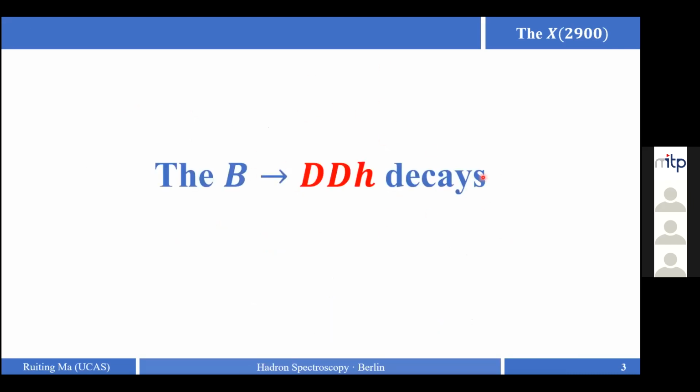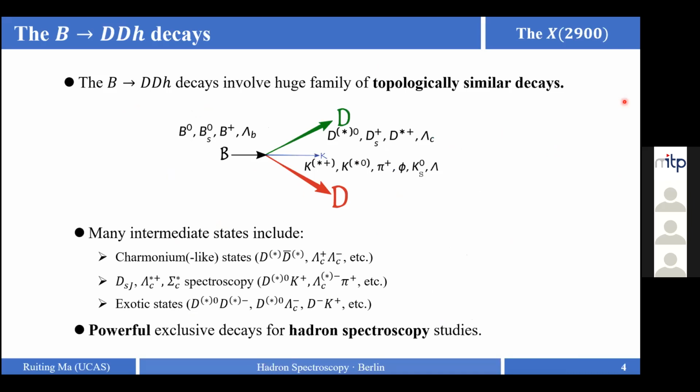So first, the B→DDh decays. We know that the B→DDh decays involve a huge family of topologically similar decays.